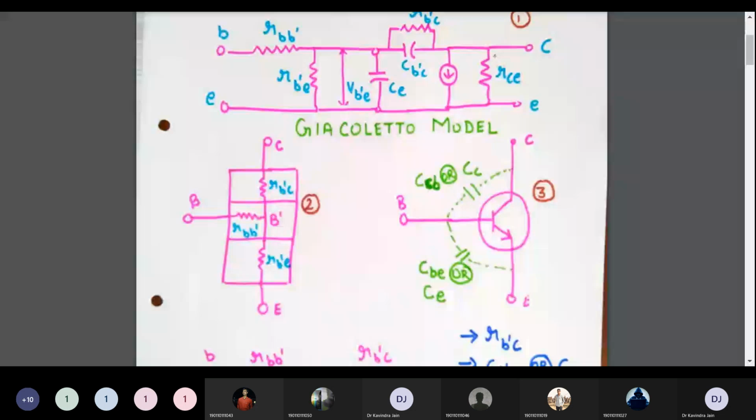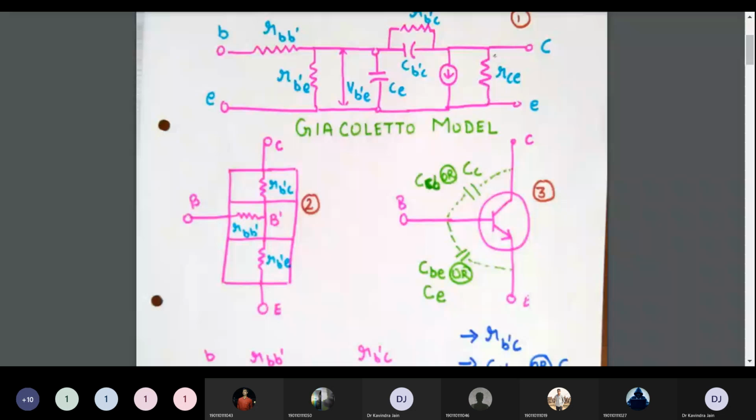It is due to reverse bias of the PN junction. So this capacitive effect of reverse bias is in the CB junction. I repeat, it is in the CB junction and is referred to as C B dash C or C C. Okay, can I move further? Dear students, can I move further? Yes, sir.